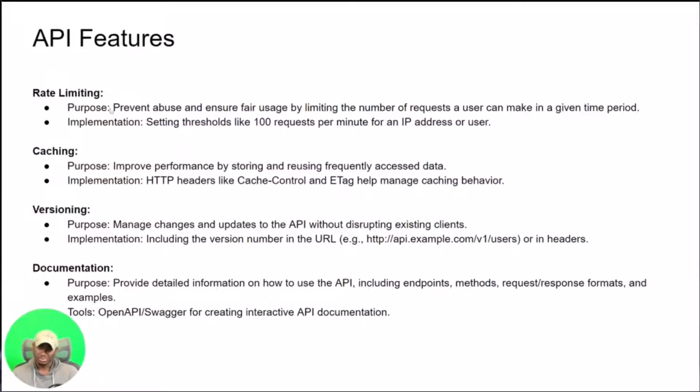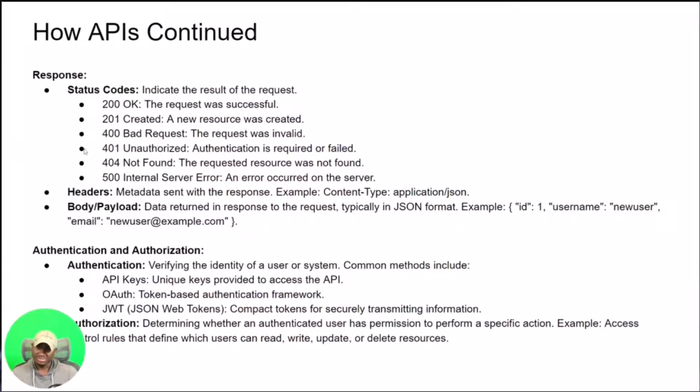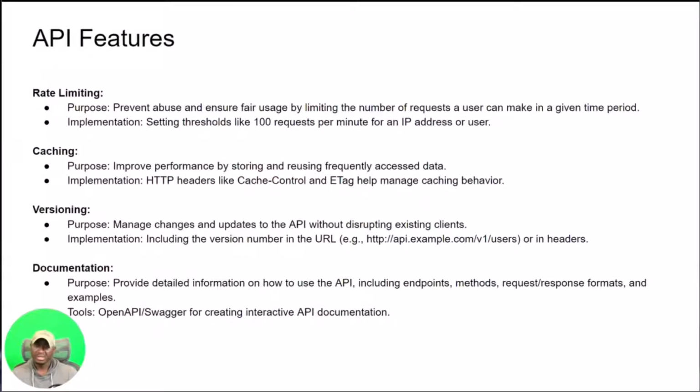Now, one thing I do want to mention is that for all these features I mentioned, whether it be authorization, authentication, and so forth, one of the things we'll do in this video is talk about an API gateway. An API gateway is designed to handle these things a whole lot better than if we have to code or implement them within our API itself.